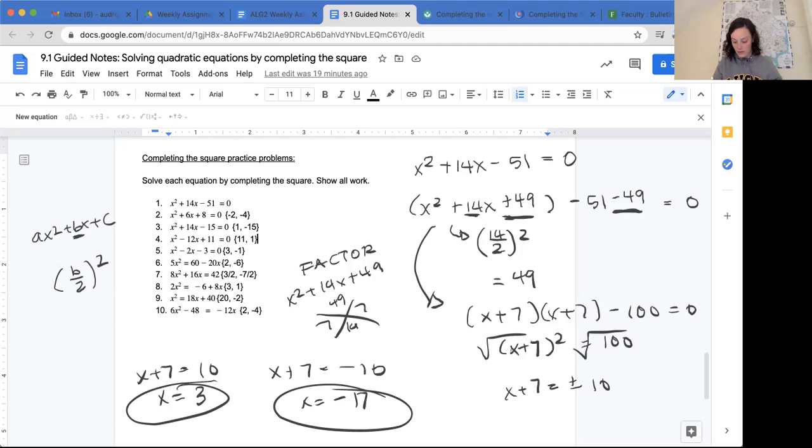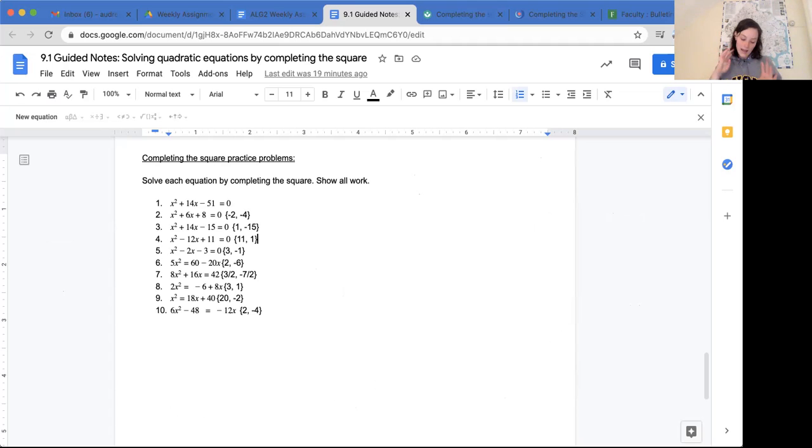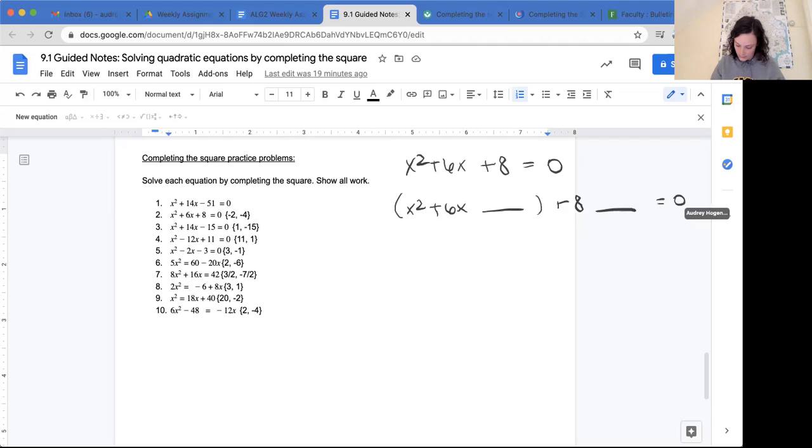Okay, so I'm going to do another one in the exact same way. I have x squared plus 6x plus 8 equals 0. So I'm going to have x squared plus 6x blank plus 8 blank equals 0. Then 6 over 2 squared is equal to 9, so I'm going to have plus 9 minus 9.